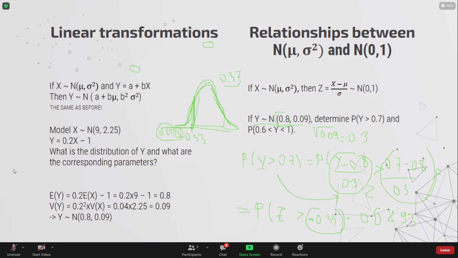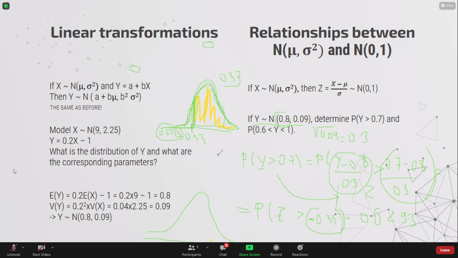0.6293. That could be explained also by the fact that if we have the same distribution function, we're searching for the area that is here, right? But that area could also be found if we take 0.33 here.